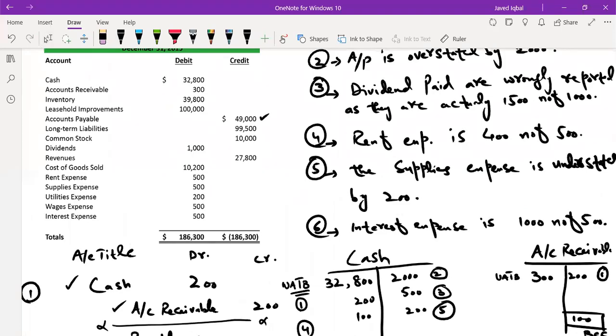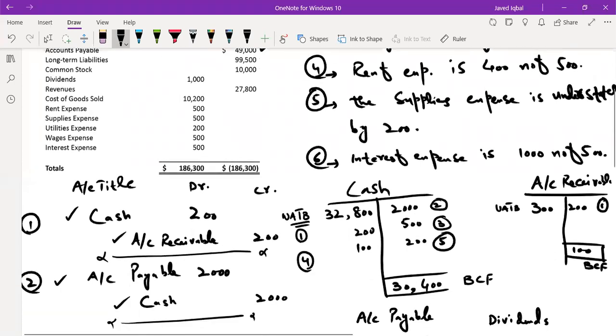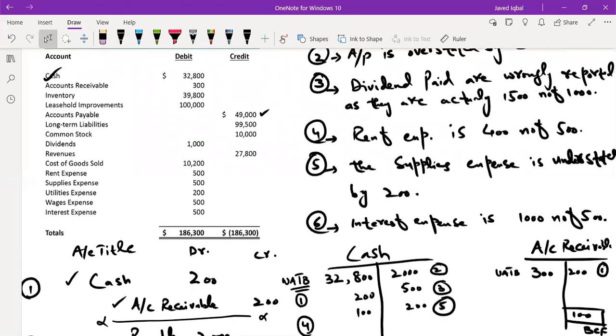This account changed, which was cash. Its new balance is now 30400, so we will be writing 30400 as the debit balance. And then accounts receivable has changed as well, to 100. It's not 300 now.